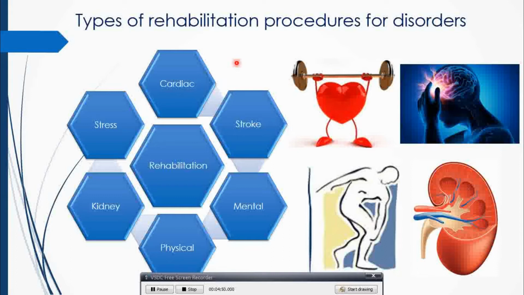Then kidney. Okay, some people go for kidney replacement, and some have chronic kidney diseases, kidney failures, so they will undergo what we call dialysis, for example. So they need support in terms of their bodily function, like the strength and the ability to be functioning as before.